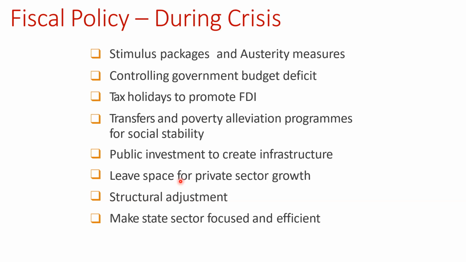Making the state sector focused and efficient means indirectly restructuring. Restructuring means they are trying to engage the private sector, or maybe give some shares to foreign companies. By giving shares to foreign companies, they can get reasonable foreign currency into Sri Lanka.